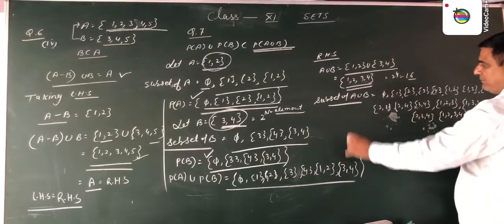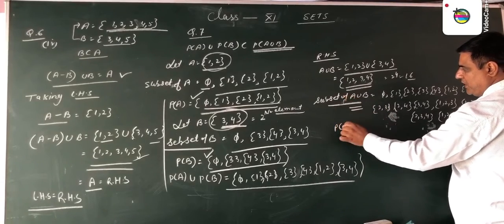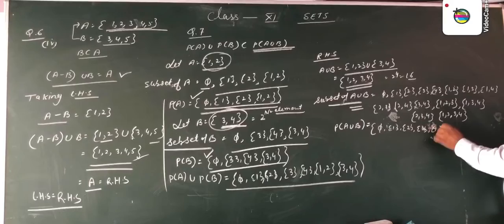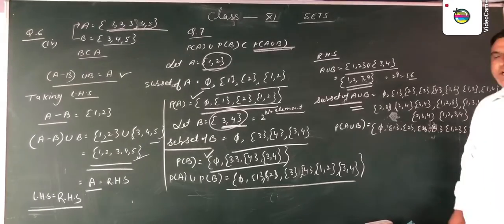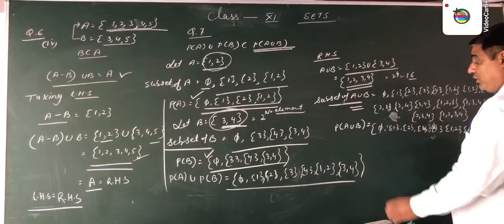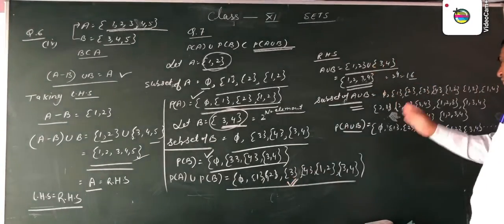Now we write the power set of this: P(A union B) with 1, 2, 3, 4 and so on. Now this is the power set of A union B. Now we look here. All these elements belong to this.